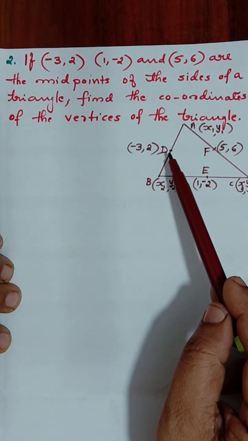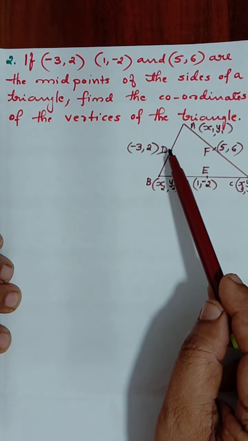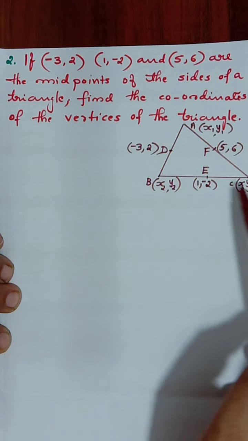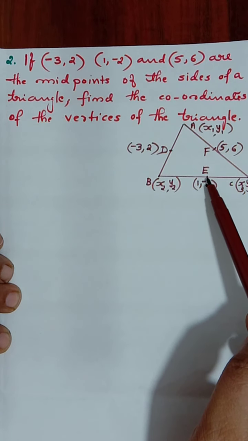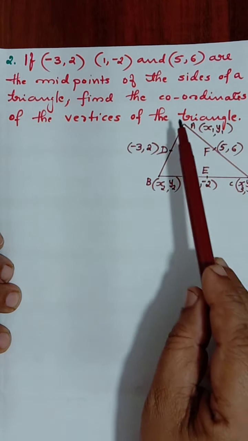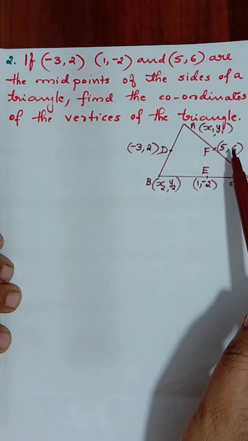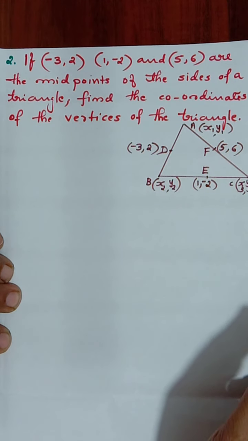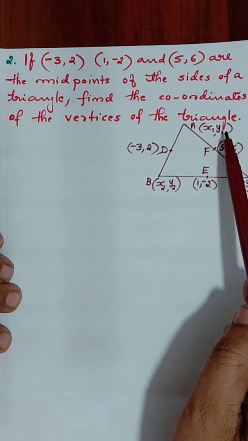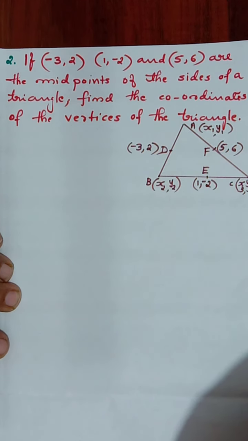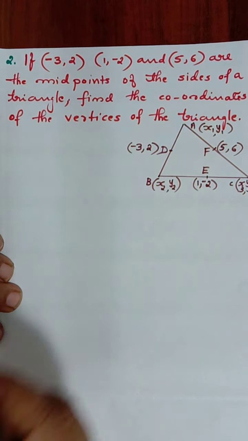The midpoint of AB is D, we are taking (-3, 2). The midpoint of BC is E, (1, -2), and AC's midpoint is (5, 6). Now we have to find the vertices of the triangle, that is x1, y1, x2, y2, x3, y3. The clue is already there, midpoints are given to us.